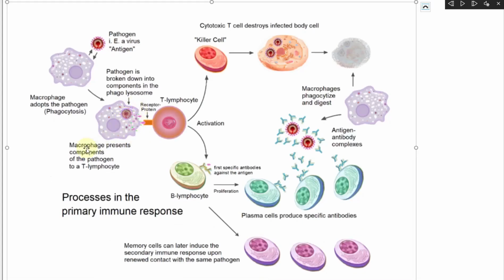And then the macrophage presents components of the pathogen to a T lymphocyte. There's a receptor protein on this T lymphocyte, and it presents those peptide fragments or protein fragments to it. And then you have activation of either a killer cell, a cytotoxic T cell, which destroys the infected body cell.